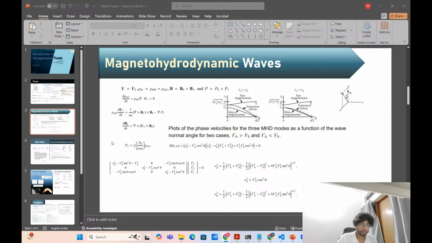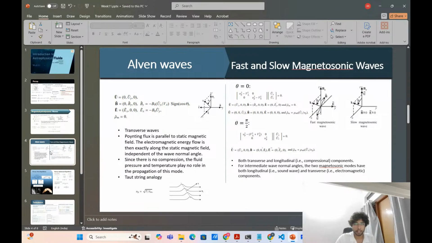Okay. So we'll go into a little more detail into the analysis of the solutions that we just saw. So now we want to study in which directions the waves are propagating, and in which directions the magnetic field and the electric field are, corresponding to each of the solutions.